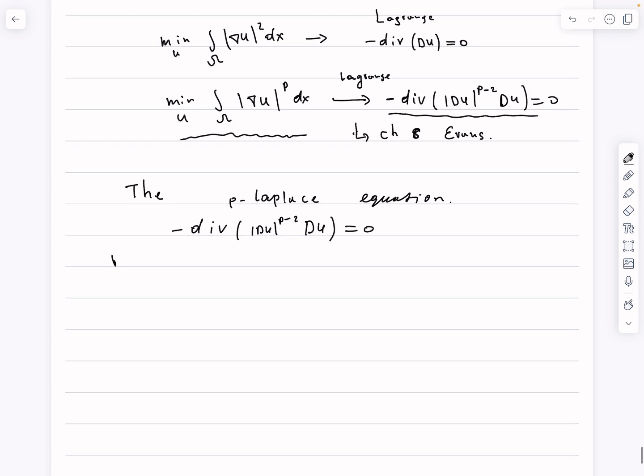Let's look at when p is equal to 2. It will be divergence of du, the Laplacian, is equal to 0. So it becomes the Laplace equation, which we learn, I think, in chapter 2 of Evans.